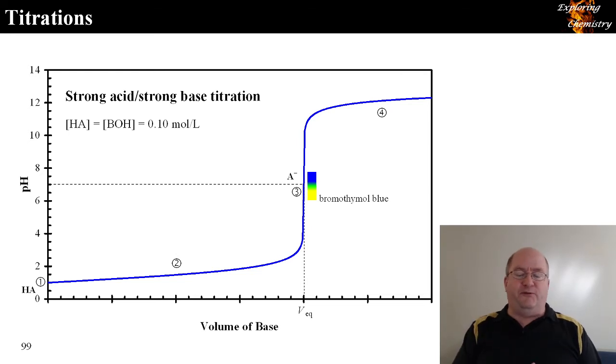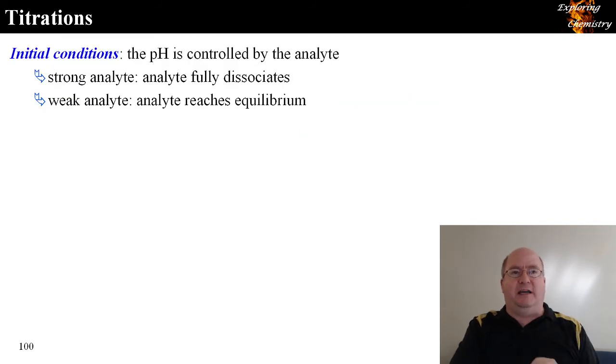Region 2, before the equivalence point, you're going through the titration, but your analyte is still in excess. Region 3, you're at the equivalence point. You've added a stoichiometric amount of analyte and titrant, and all of it has been completely used up. And region 4 is after the equivalence point, where you now have an excess of your titrant. We'll come back to this picture in a little bit. I just want to go through how the pH is calculated at each one of these locations.